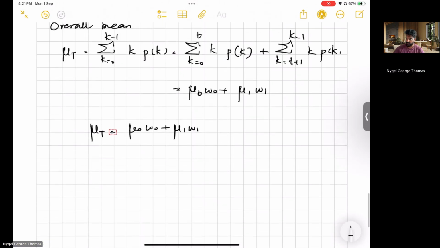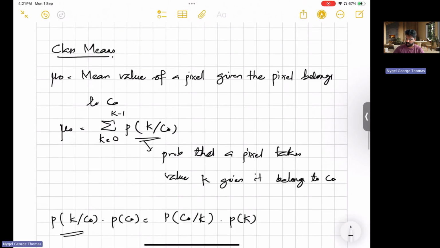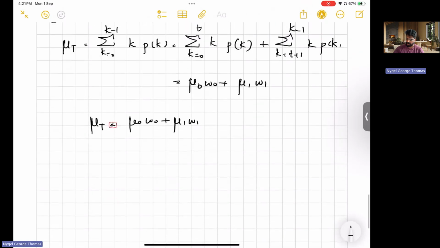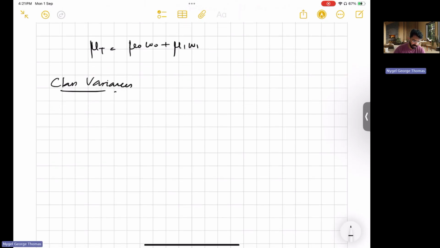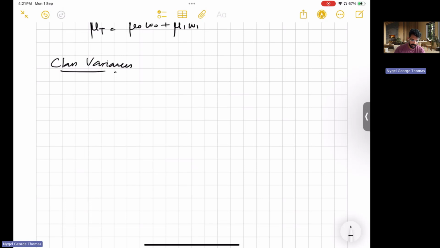Okay, we've found what the class means are. Now let's look at the class variances. Class variance we are also finding in a similar fashion, looking at the conditional probability.